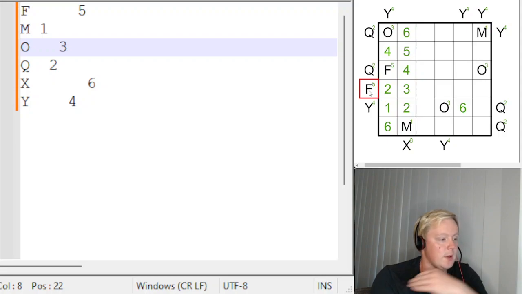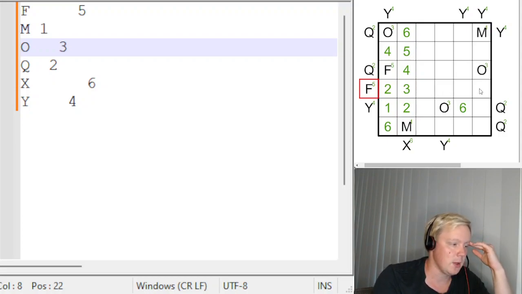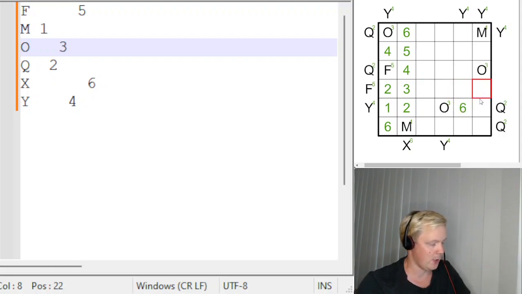This is not yet satisfied, so let's see. Where can the 6 be on the row? It can't be here, because that would make this at most 3, like three cells that you can see. It can't be here, because it would be at most 4. Can't be here because of this 6, so this is the only place where a 6 can go.